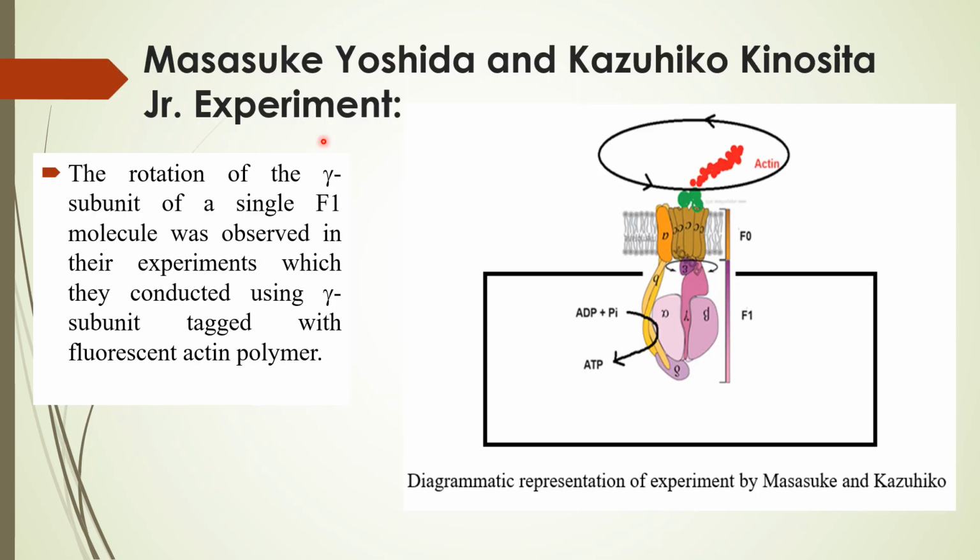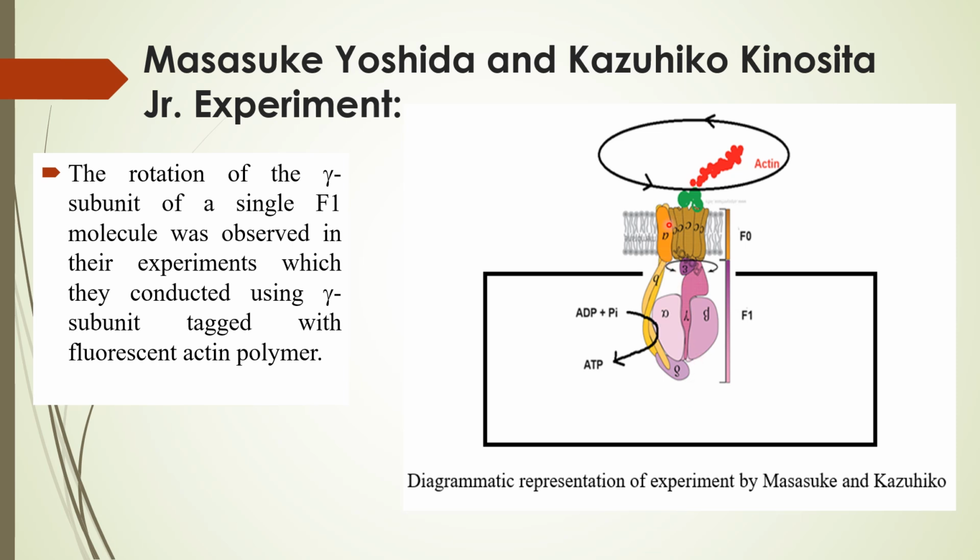The next important contribution is the experiment done by Masasuke Yoshida and Kazuhiko Kinosita Jr. They took a slide and to this they attached the F1 molecule, so FOF1 molecule. And they started experimenting.